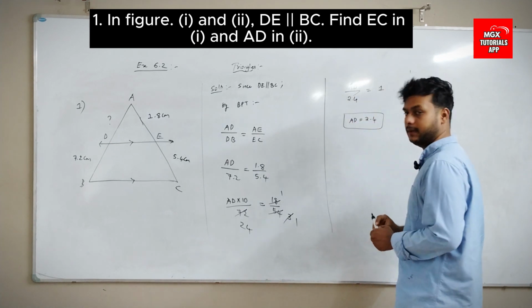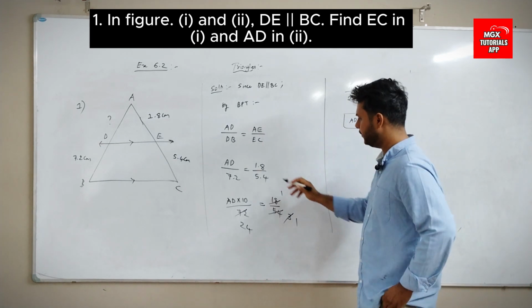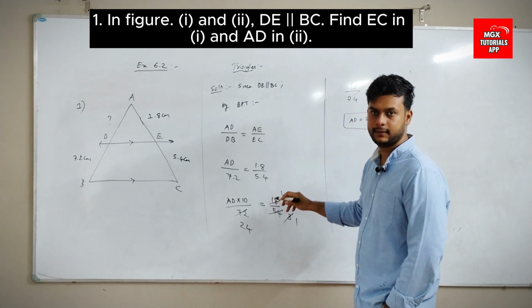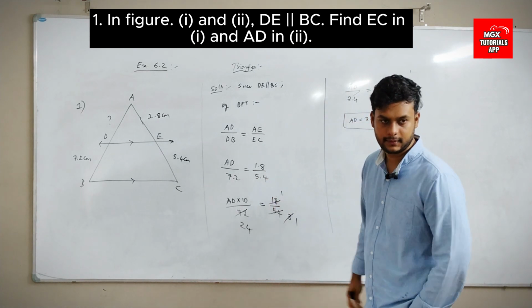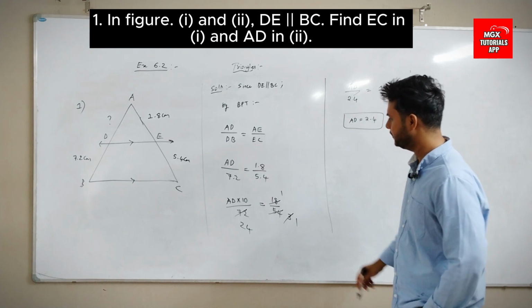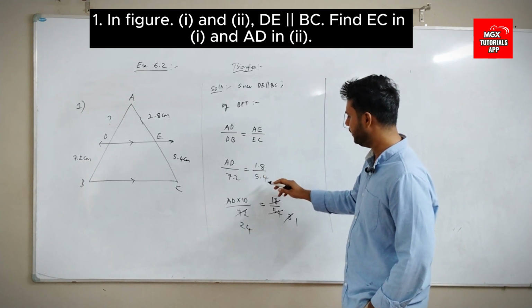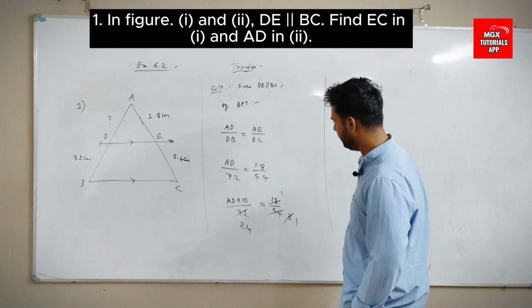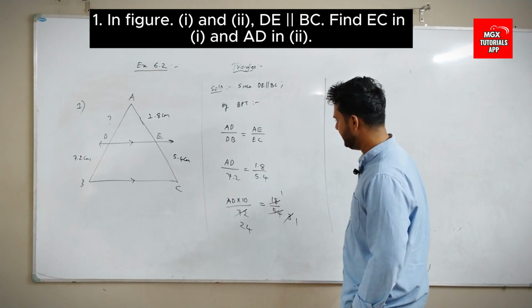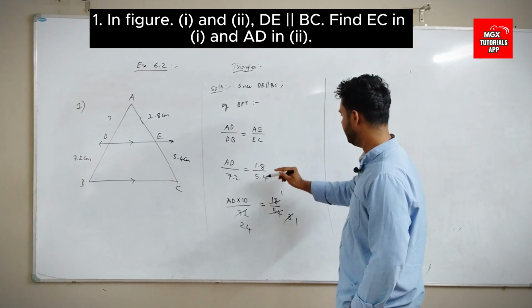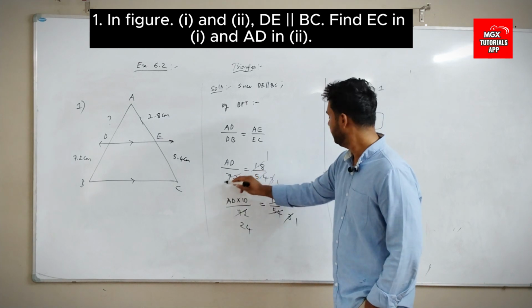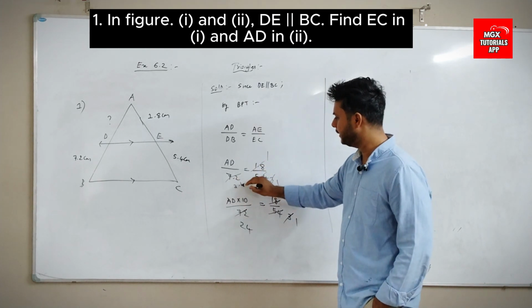Any doubts? You can do directly also. 1.8 ones are 1.8, 1.8 threes are 5.4, correct? And you can cancel out. You will get the direct answer 2.4. If you multiply 3 into 2.4, you will get 7.2.